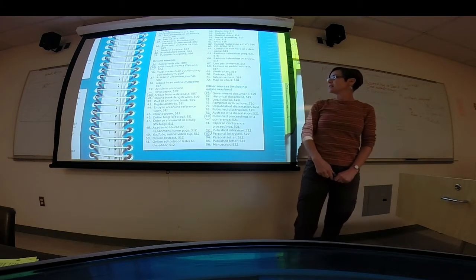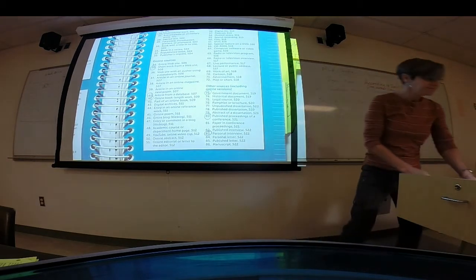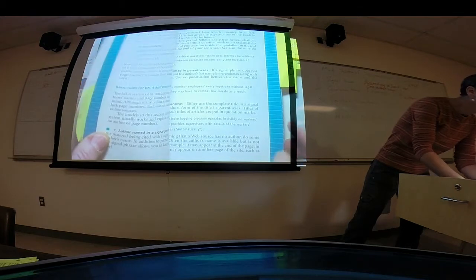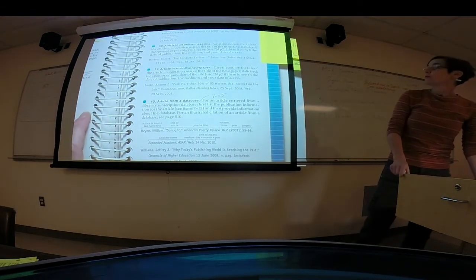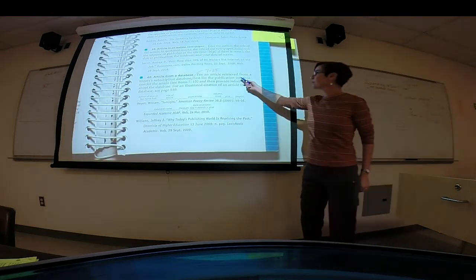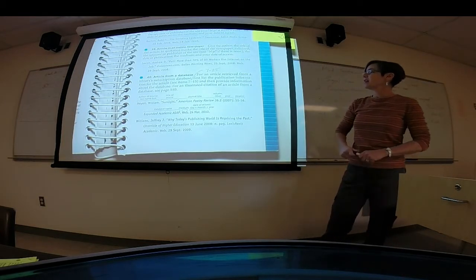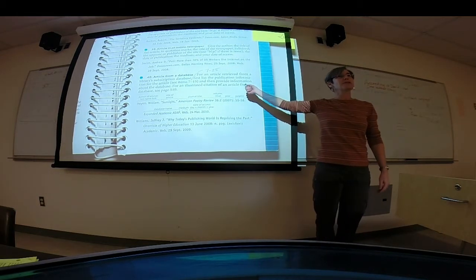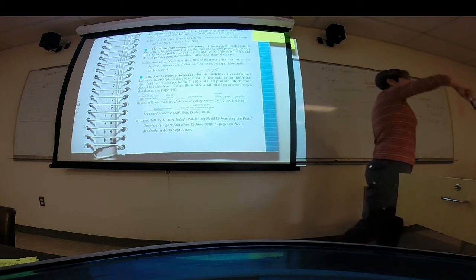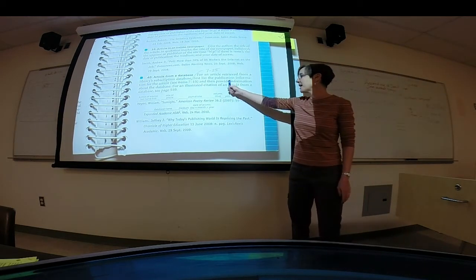What's weird about that is if you go to example 40, page 507, first thing it says is, for an article retrieved from a database, first list the publication information for the article, see items 7 to 15. So you go to example 40, and it tells you to go back to example 7 to 15, and then come back here.